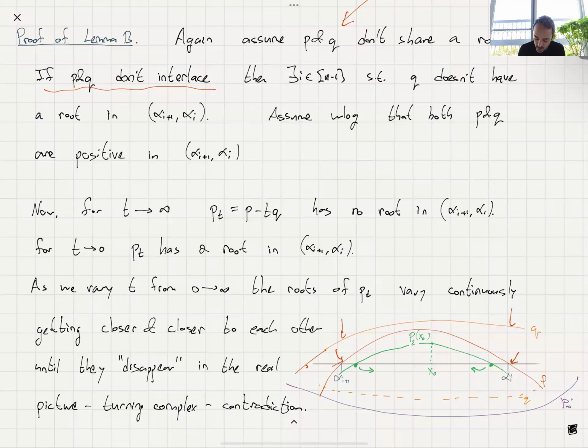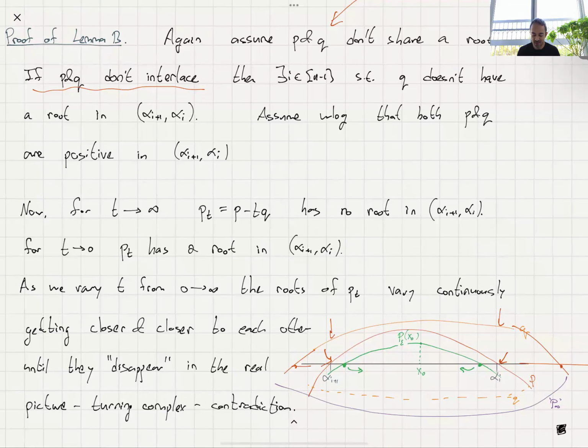So maybe the roots are somewhere here. And they must be far away from alpha i plus 1 because the roots are continuous functions of t, they can't just jump like that. So it means that when t is very large, the roots of PT are somewhere here. In particular, they are not sitting in that interval alpha i plus 1, alpha i.